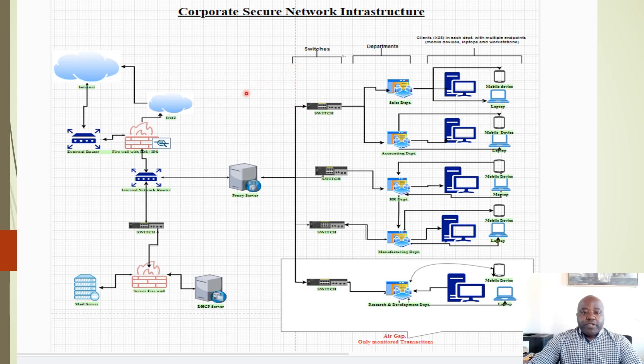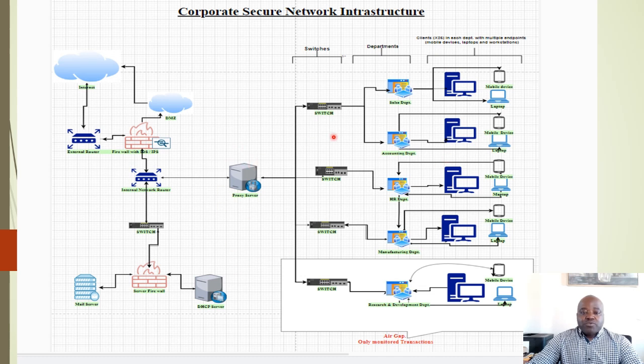Looking at it from here, we can see a network diagram that is basically divided into two. On this side, you can call it the external network because it's internet facing, and on this side, we can call it the internal network because it's not internet facing.